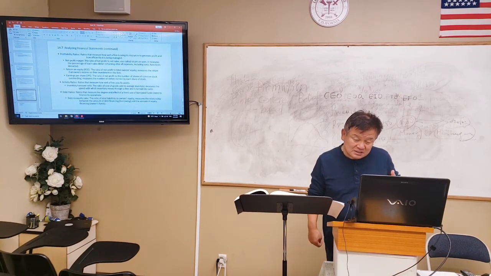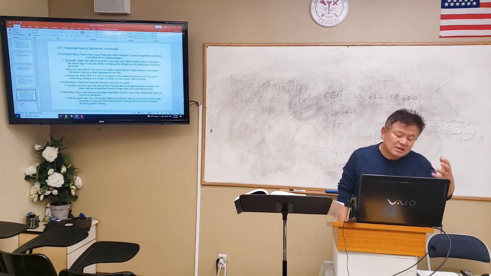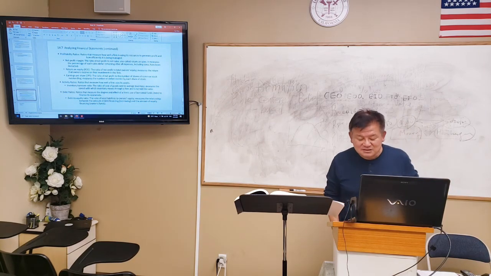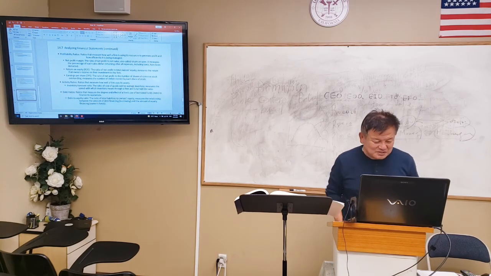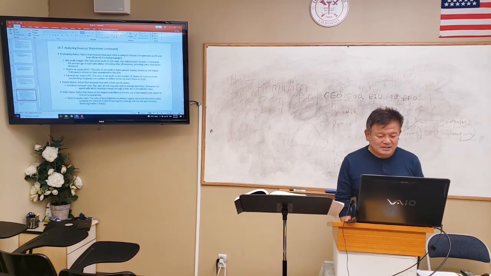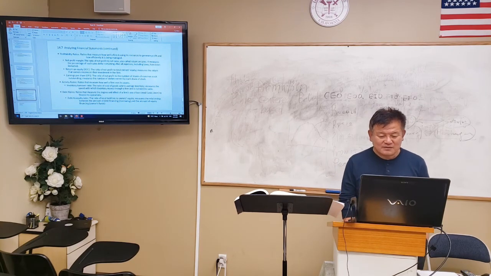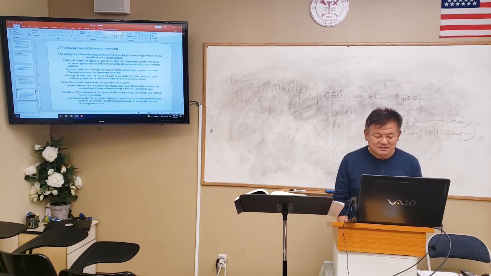Because these things are very useful analysis for investors in the stock market. Later you will study more. And the other analysis in financial statements is the activity ratio. Activity ratio is a ratio that measures how well a firm uses its assets.